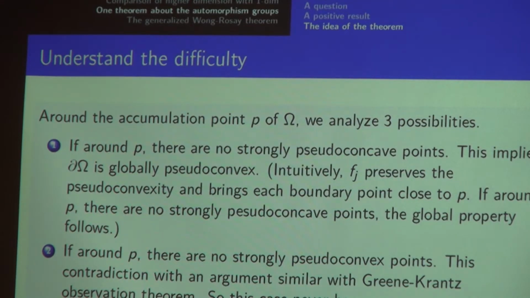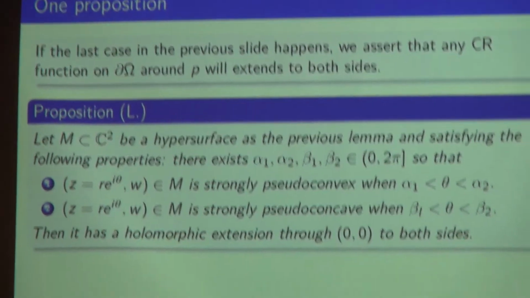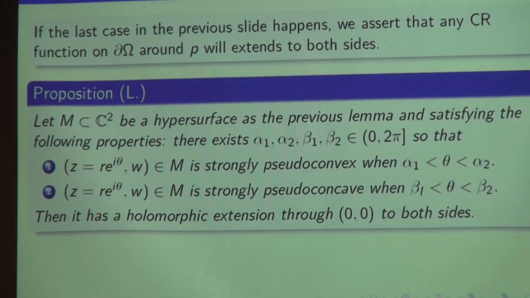But for the third case, if there is one pseudo-convex piece and also one pseudo-concave piece, what is going to happen? This is what we are going mainly to talk about, the idea.